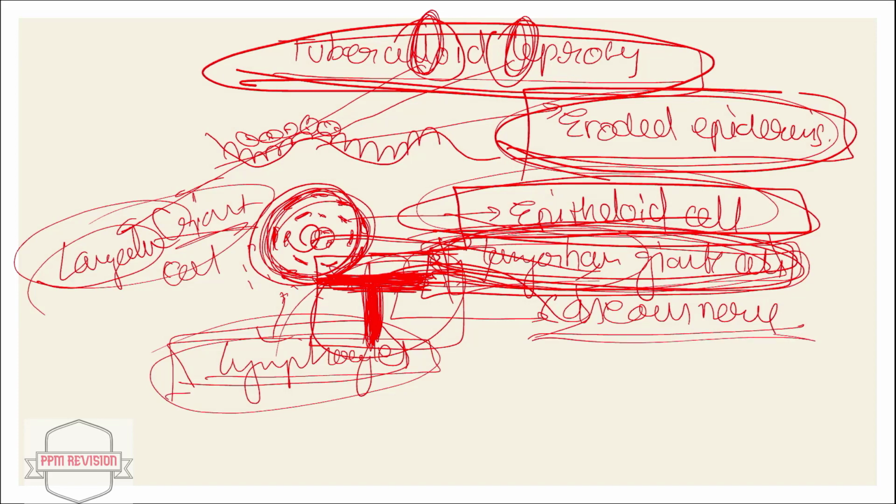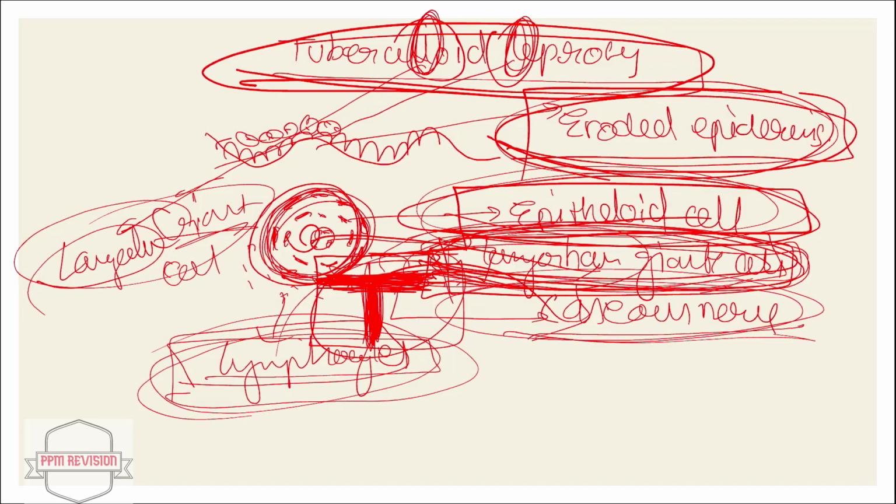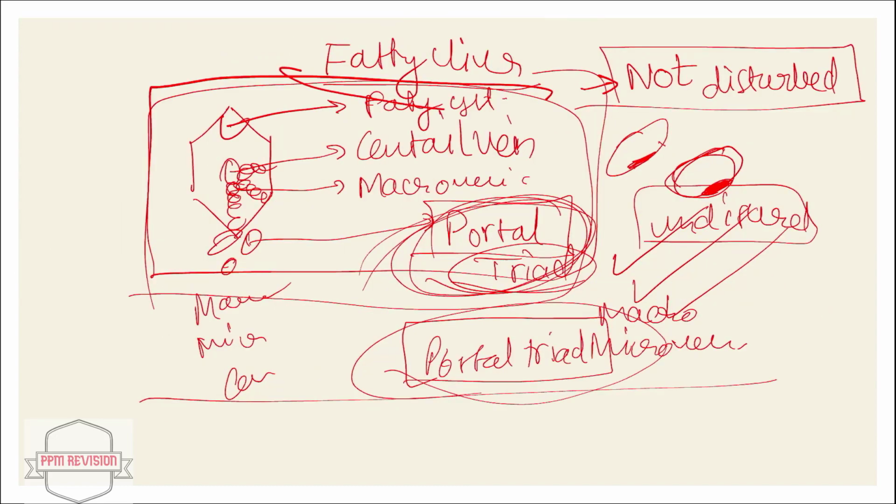And you can also see the caseous nerve and also the lymphocytes. So to go slow, I will repeat again. There's presence of epithelioid cells, there's presence of Langerhans giant cells, there's eroded epidermis, as you see, there are Langerhans giant cells, epithelial cells, and the caseous nerve that can be found, as well as the lymphocytes.